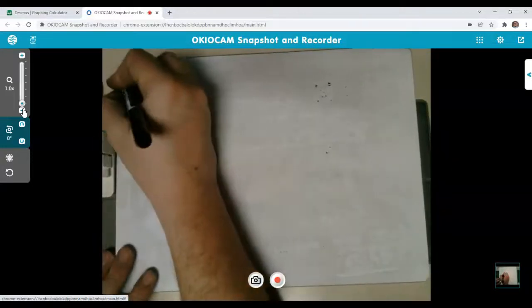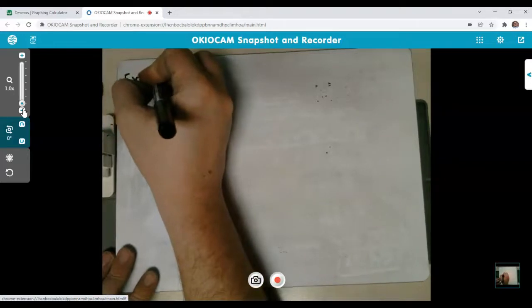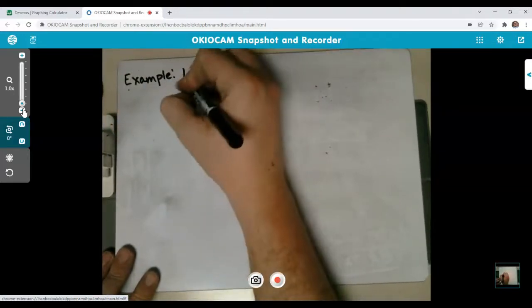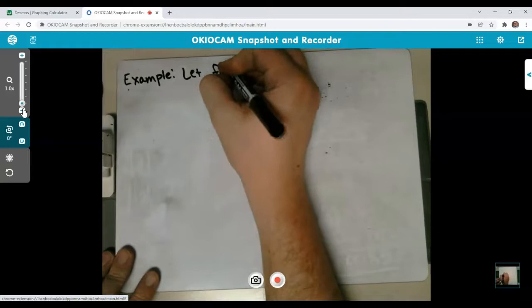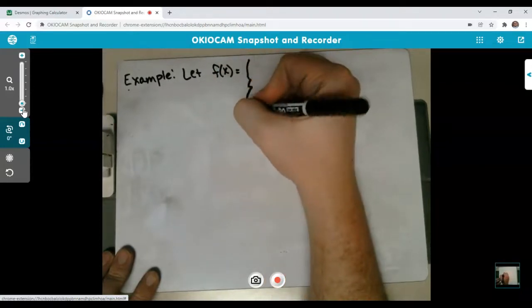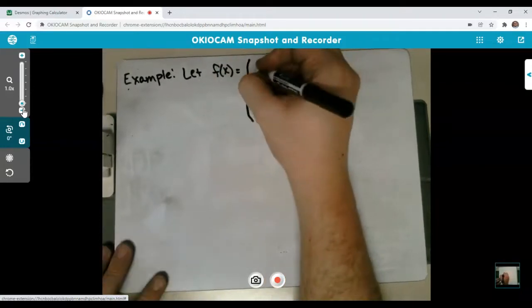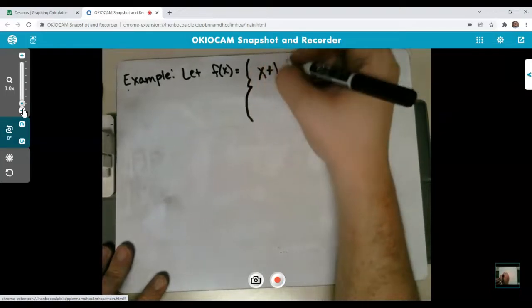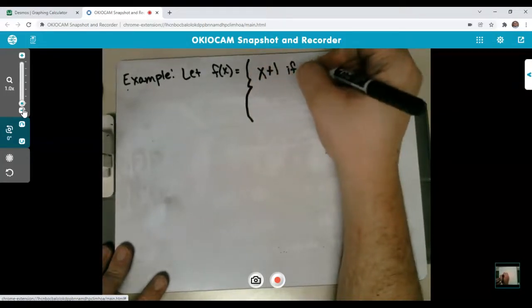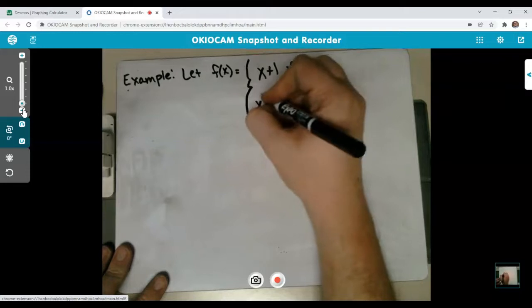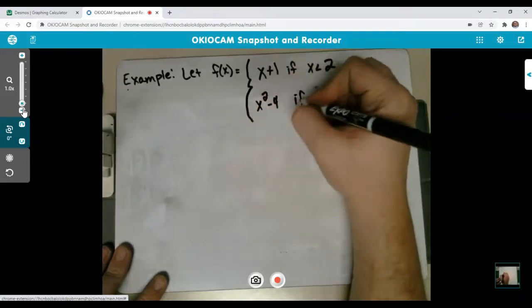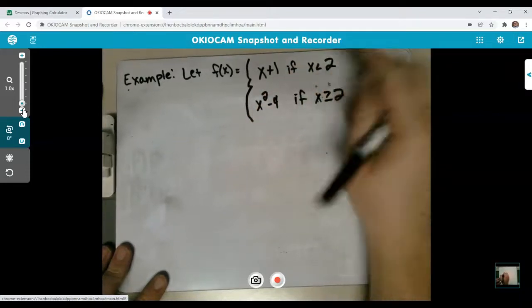Example. Let f of x be equal to the function. It's going to be x plus 1 if x is less than 2, and it's going to be x squared minus 4 if x is greater than or equal to 2.